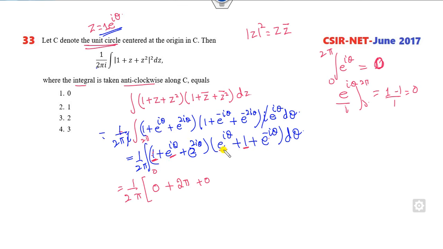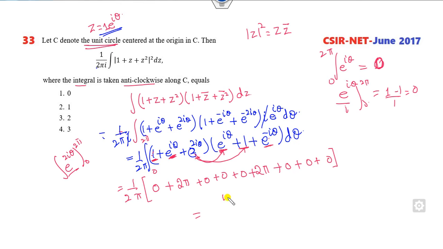If I integrate this, it will be e raised to power 2 iota, and integrating from 0 to 2 pi, again 0. When you multiply this, again 0. When you multiply this, it will be 1, so that will be 2 pi. When you multiply this, again 0, again 0, again 0.